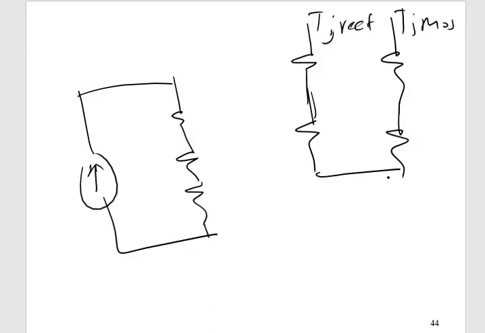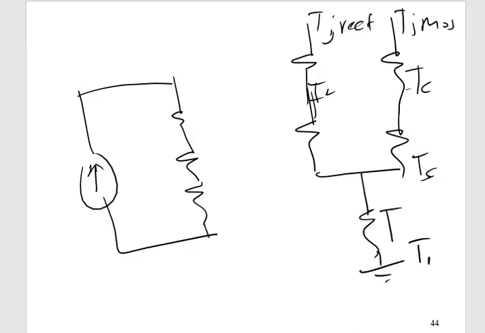So this is your R from junction to case, sorry, T case, junction to case. So draw properly. T case. So this is your T heatsink, TS. Meanwhile, because it shares the same heatsink, this is T ambient.